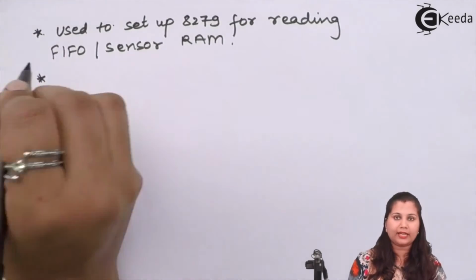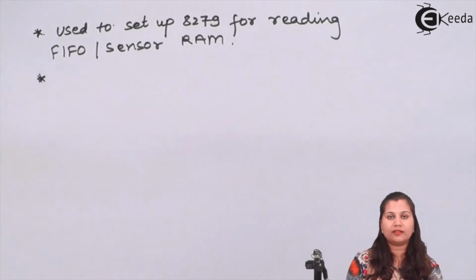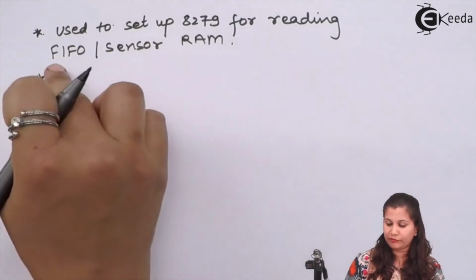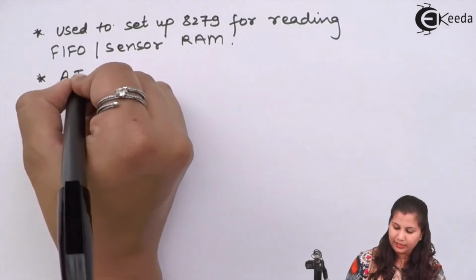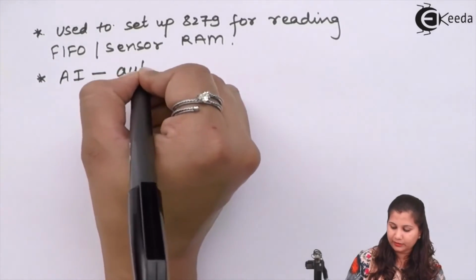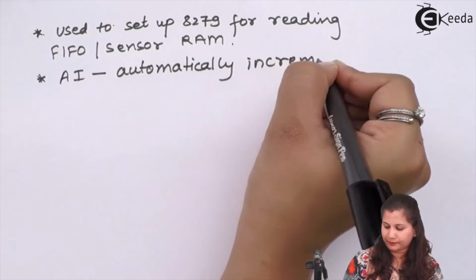AAA is a pointer register which is pointing towards the memory locations of the FIFO sensor RAM. And AI is automatically incrementing the addresses.